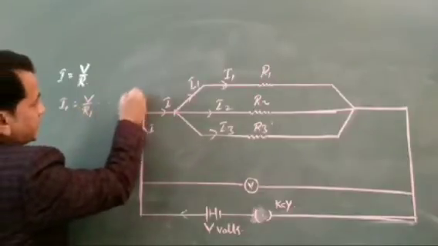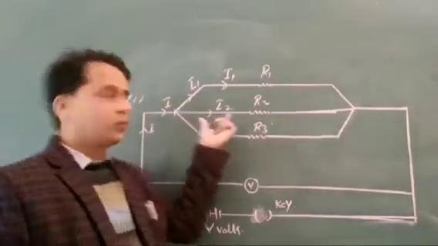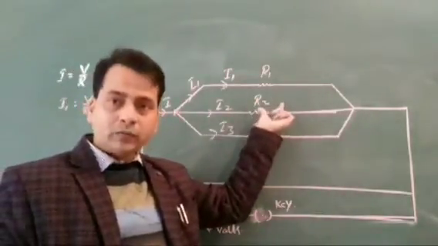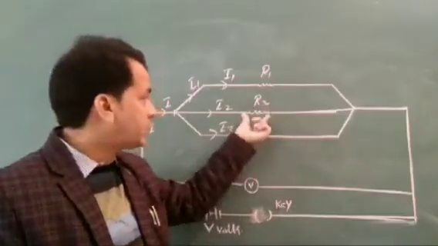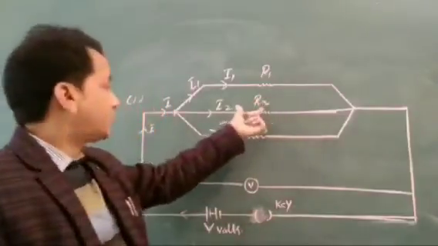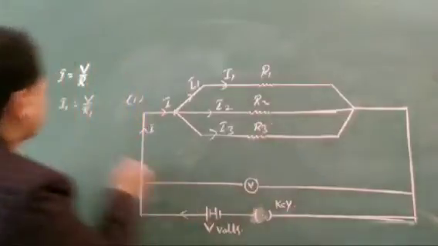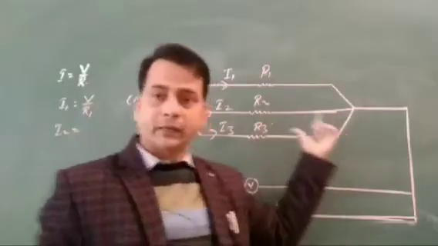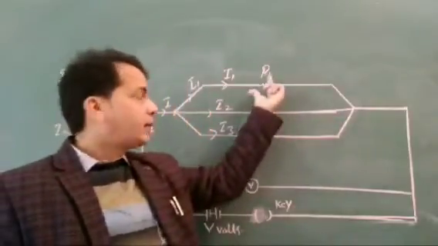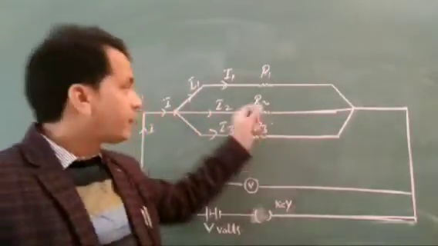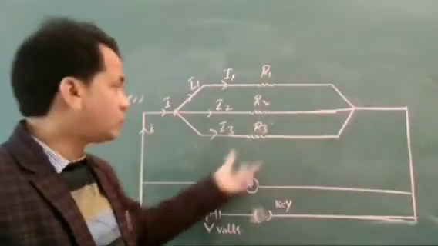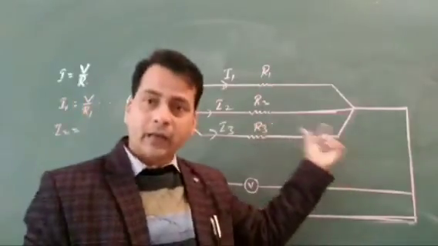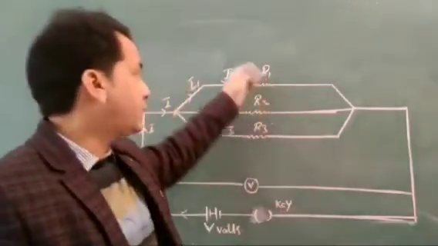That is the first equation. The potential difference will be the same here. In this circuit, the combination of three resistors is a parallel combination, so the potential difference will be the same, and the current is different in every resistor.